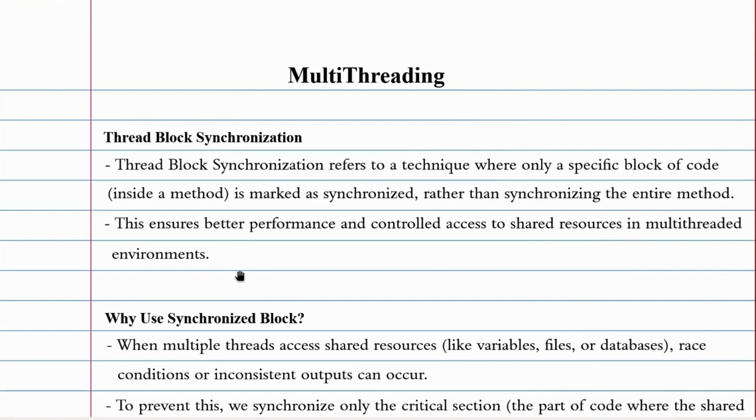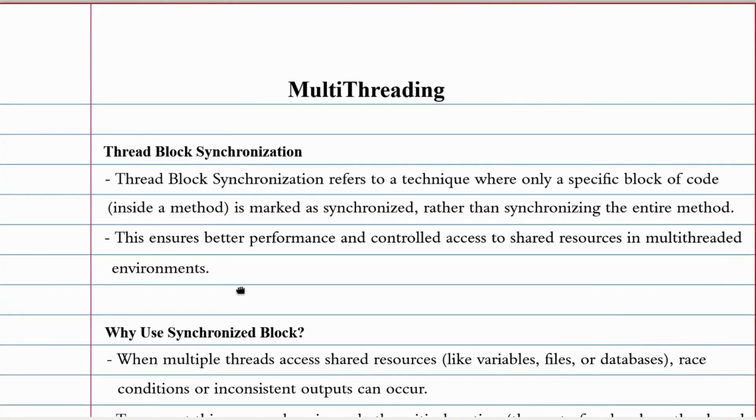If a specific block of code is synchronized and the other code runs in a multi-threaded process, the execution time of a program will be very efficient. In the previous video we saw method level synchronization. In method level synchronization, we make the whole method synchronized, but then only one thread can execute at a time.